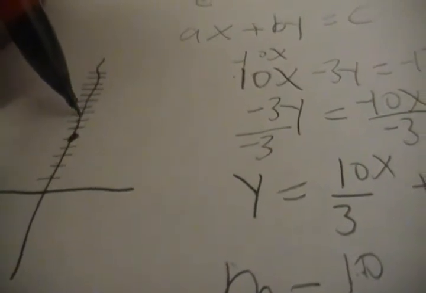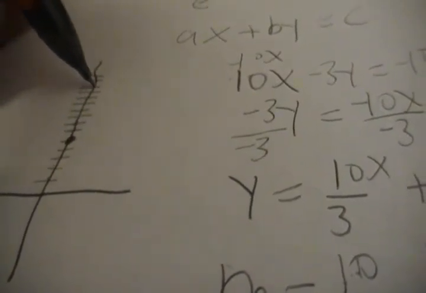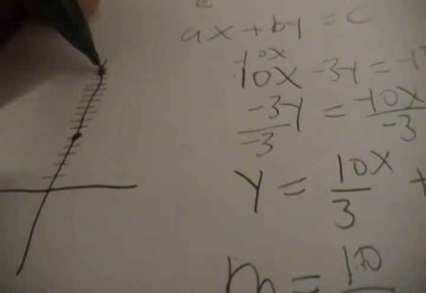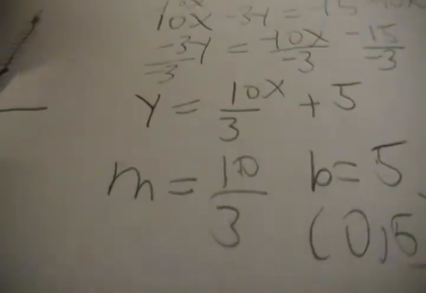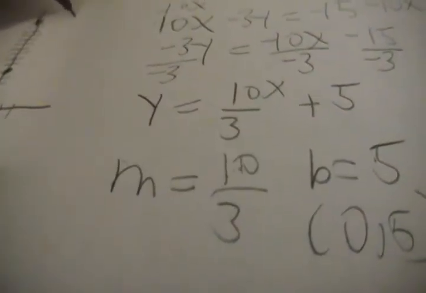So we know that the y-intercept is 5, so 5 plus 10 is 15, so it should be 15, right? 1, 2, 3, 4, 5, 6, 7, 8, 9, 10, 11, 12, 13, 14, so it should be all the way up here, okay? Well, I mean, this is the y value, and then 3 to the right, so it should be roughly around here.